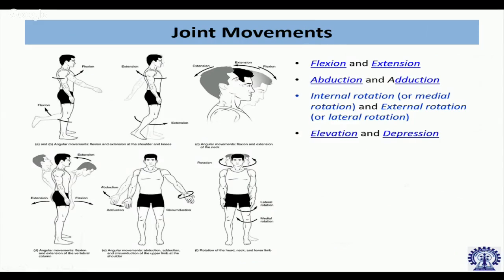Joint movements. What are the movements it offers? We have flexion and extension, which is shown here. Flexion, probably mechanical engineers know, comes from bending. So basically flexion and extension are just opposite movements.